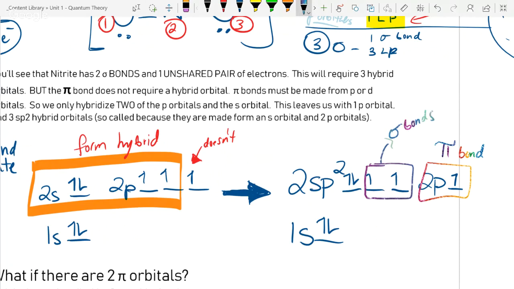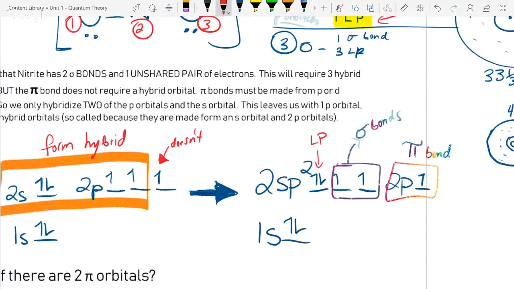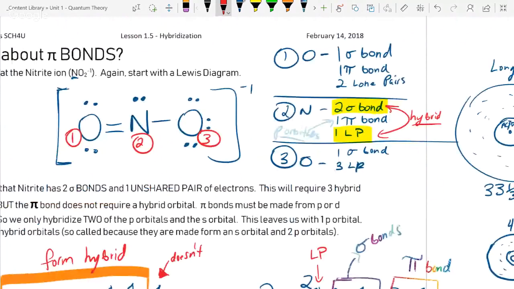And of course, the other thing left behind is just a lone pair. And you should always be able to look back at the Lewis structure, and it should match what you're left with. So my Lewis structure should say that nitrogen has a lone pair, 2 sigma bonds, and 1 pi bond. And we go and look, and sure enough, nitrogen has a lone pair, 2 sigma bonds, and a pi bond. It's not so bad, is it?